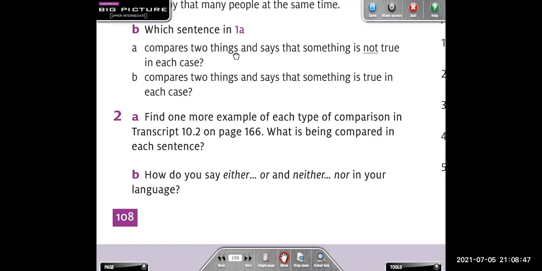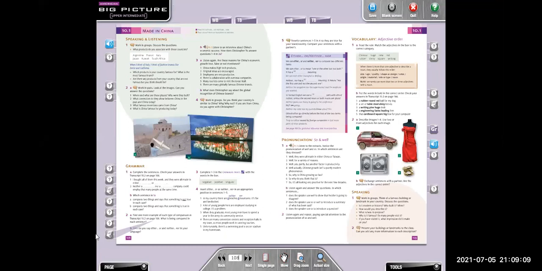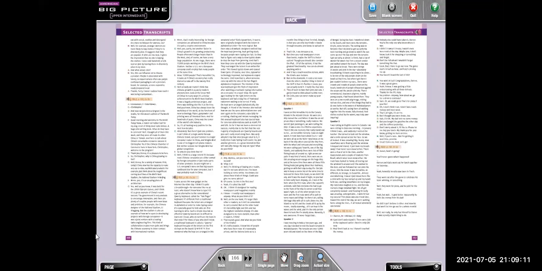So here we have another exercise. It says, find one more example of each type of comparison in the transcript 10.2 on the page 166. What is being compared in each sentence? Okay, so I want you to go to page 166 and try to find two more examples, one for each case.